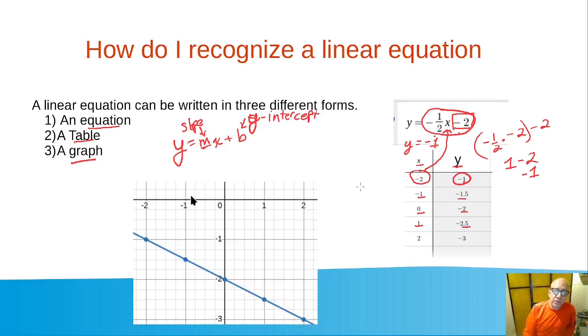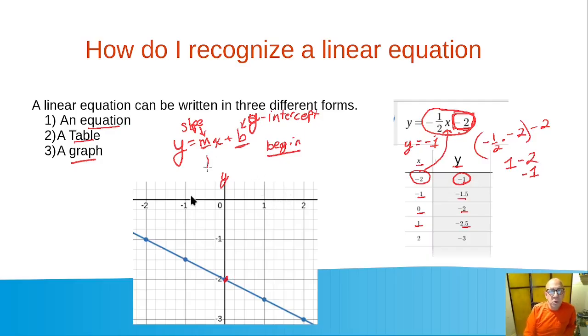We like this equation because it makes it very easy to graph our linear equations, because we begin at b. So in this case, we have a negative 2 here, so we're going to begin at negative 2. We're going to go down the y-axis till we get to that number and put a dot. That's the beginning point.